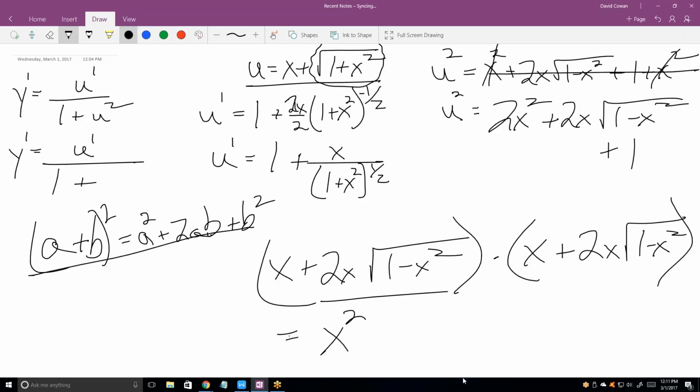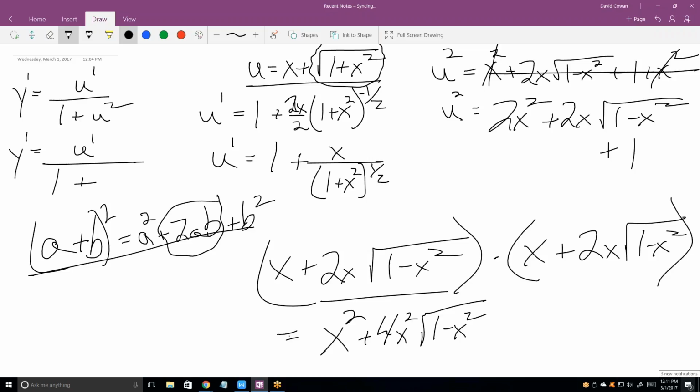Let's see, so 2 times this times that is 4x squared multiplied by that. That's the middle term. That's this term right here.